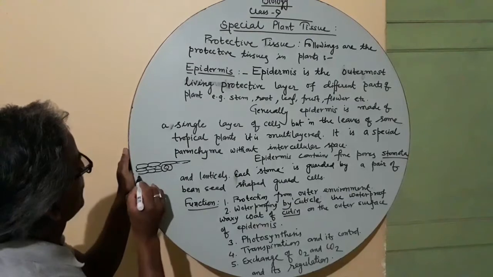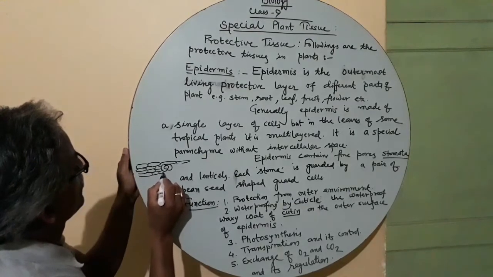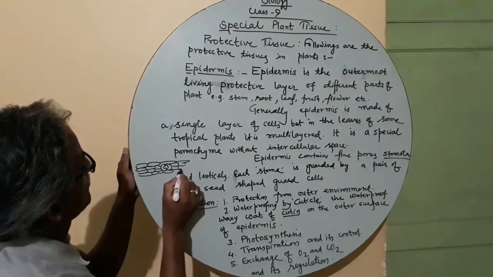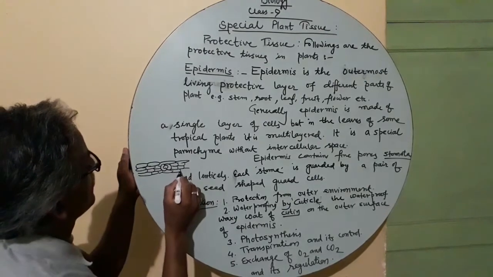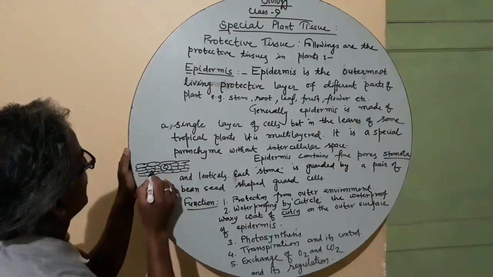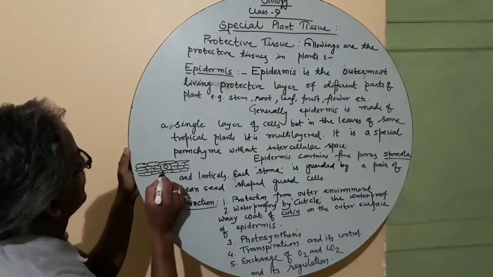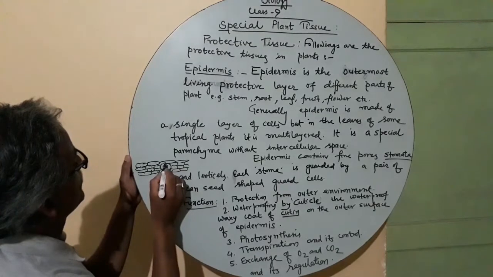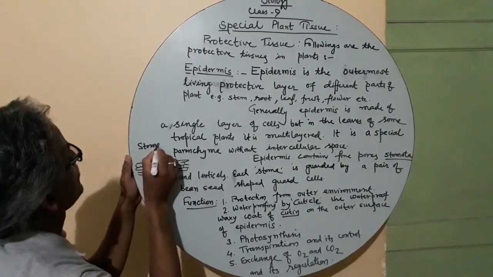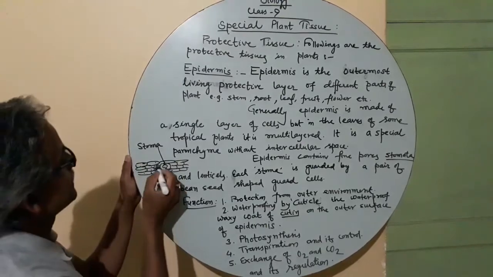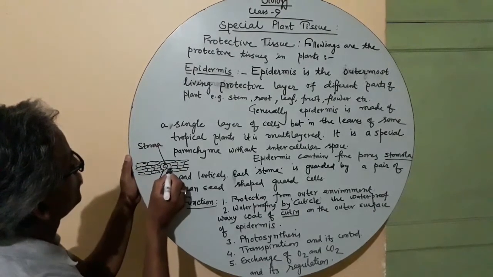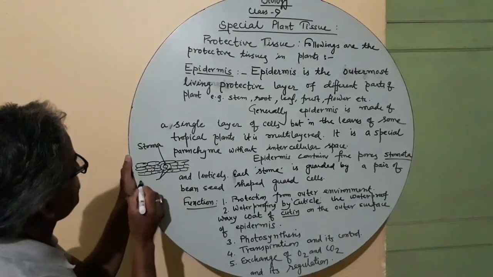This is a single layer of cells that make the epidermis, and in this is the stoma, and this stoma is guarded by two guard cells.